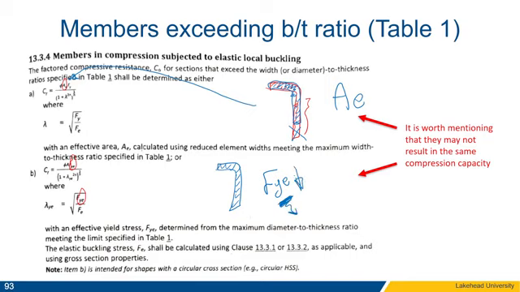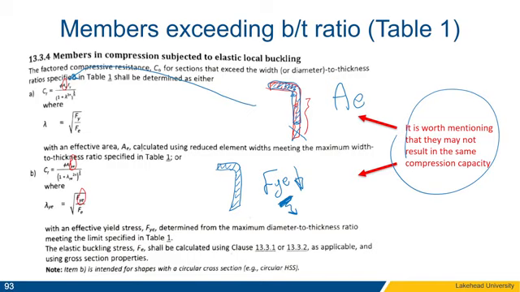So there are two different approaches, and it is worth mentioning that they may not give the same exact results. One of them is assuming that we will use a smaller cross-section area by ignoring part of the area, and the other will assume that we will use a reduced value of the effective F yield.